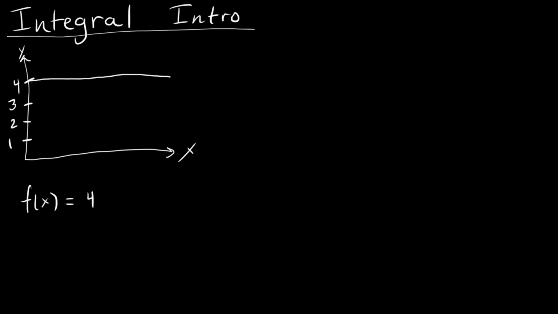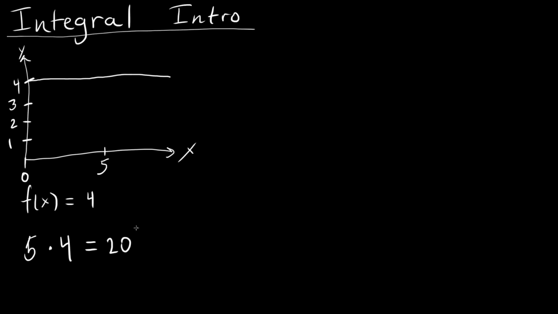So in order to find the area of this function, let's say from x equals 0 to x equals 5, it's pretty trivial. We just have to multiply the length in x by the height in y. The length in x is going to be 5, while the height in y is going to be 4. So the area is 20.